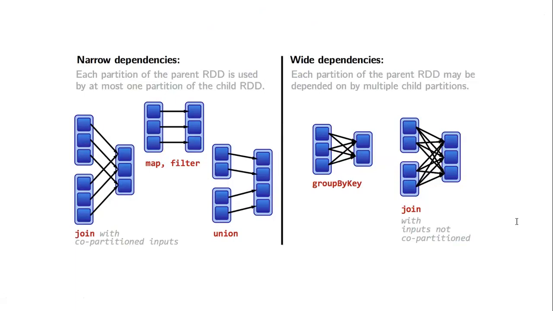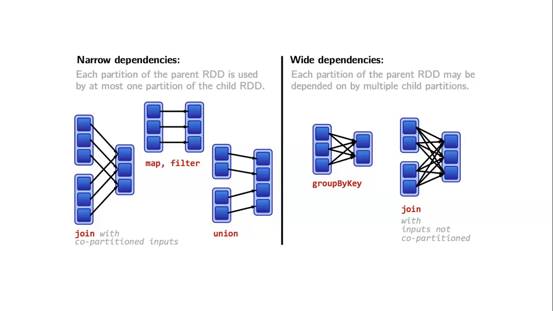So now let's look at how lazy evaluation is done in a smart way. There are actually three levels of data mixing: one is narrow dependency, the other is wide dependency, and shuffle.